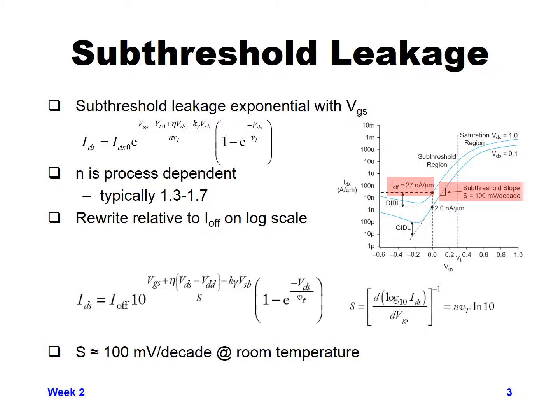Couple things to note is it's a function of VDS, as we have in the equation, as well as VGS, and then there's also a parameter N. This parameter depends on the process technology that you're using. Various different decisions on how you use different materials and dope the materials and put them together can vary it; typically it's in a range of 1.3 to 1.7, but it's something you need to figure out for any given process.